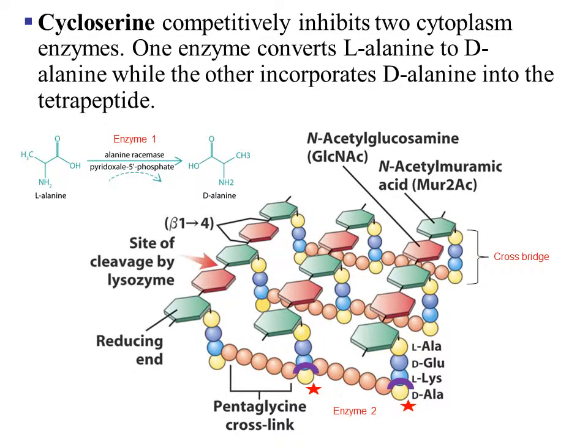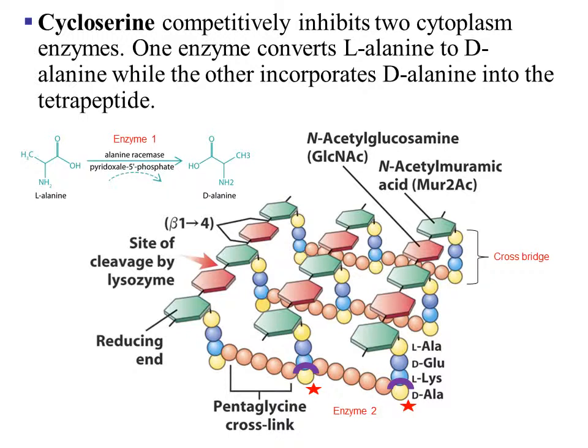Another category of drug is called cycloserine. Cycloserine competitively inhibits 2 cytoplasmic enzymes that are in the bacteria. One of those enzymes is going to convert L-alanine to D-alanine. In the picture below, I have that conversion. So cycloserine is going to inhibit enzyme 1 from doing its job. So if we cannot produce D-alanine, then you do not have a complete tetrapeptide.